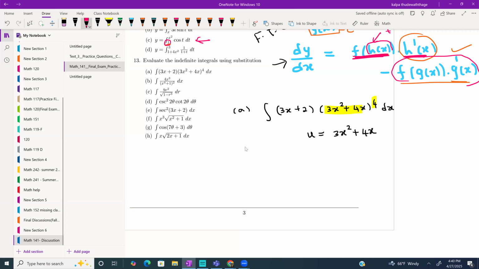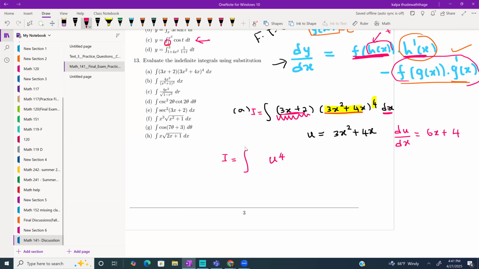See, then I normally choose it as I because I go with the same integral. Okay. And I can write this entire thing as u to the power 4. But the problem is I have 3x plus 2 and dx. If I take du over dx, I get 6x plus 4.